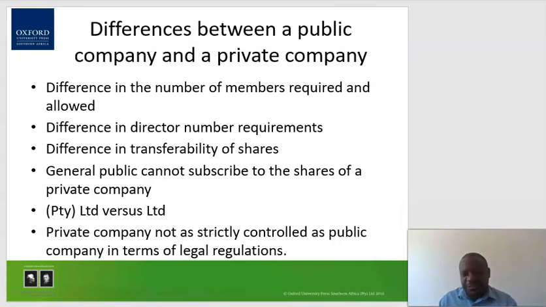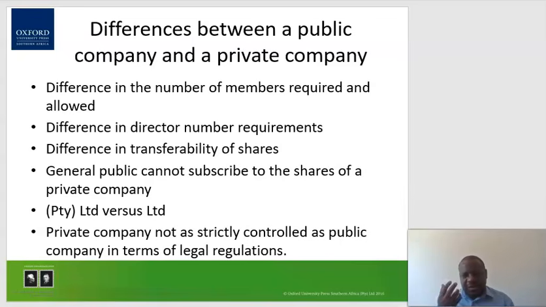And also the differences in terms of the number of director requirements. The number of directors that is required for private companies is different from that which is required for public companies. There is also the issue of transferability of shares, because it is easier to transfer shares in a public company than in a private limited company.